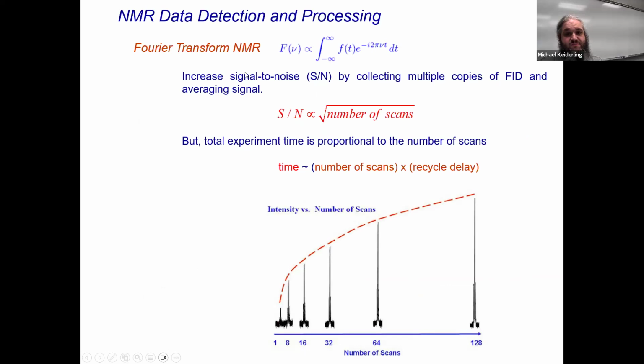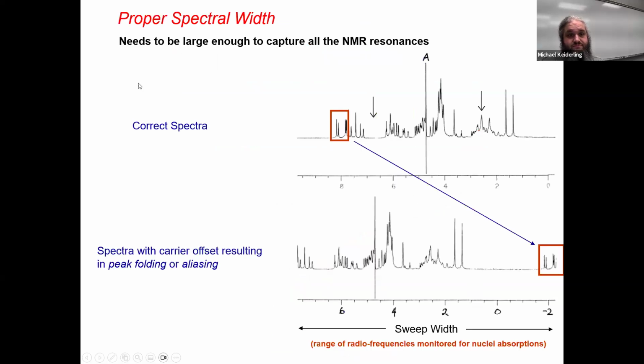With Fourier transform NMR, you can increase signal to noise ratio by collecting multiple copies of the FID and averaging the signal. But the total experiment time is proportional to the number of scans, so you get diminishing returns.